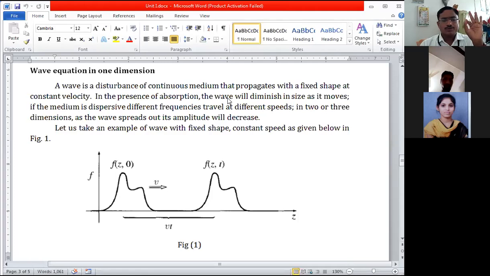Curl B is equal to mu 0 J plus epsilon 0 mu 0 dou E by dou t. These are the four Maxwell's equations. It contains the terms epsilon 0, that is the permittivity of free space, and mu 0, the permeability of free space. When we have the terms mu 0 and epsilon 0 in the Maxwell's equations, they are termed as Maxwell's equations in microscopic form.